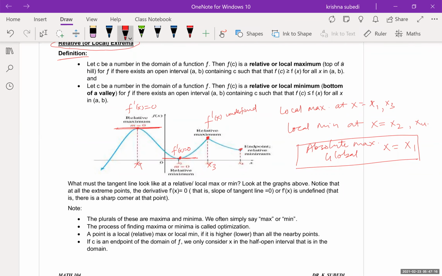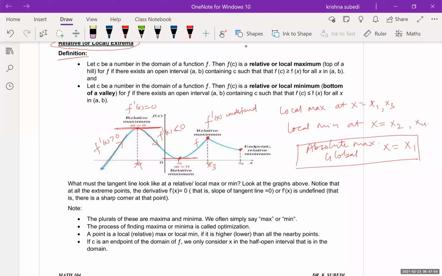Now, this graph is increasing, going up. That means the derivative is positive. This graph here on that side, on that interval, the derivative is negative because it's going down. We discussed that already in our last class, that when the graph is increasing, the derivative is positive. When the graph is decreasing, in the language of calculus, we say the derivative is negative.